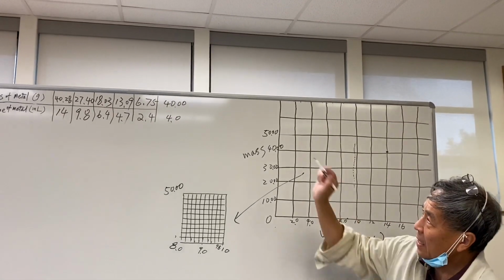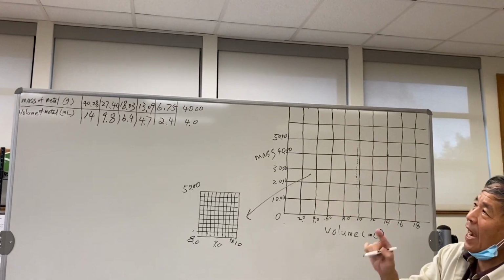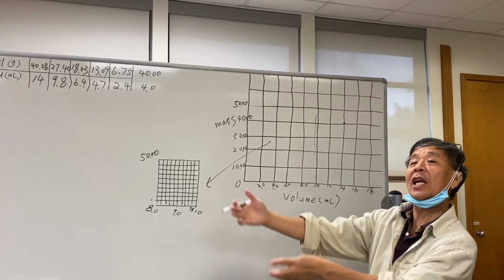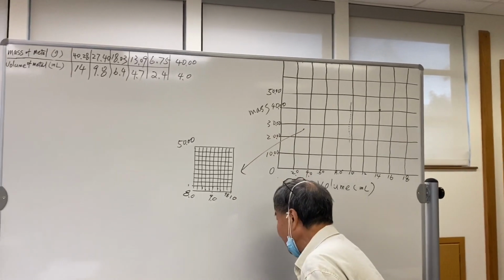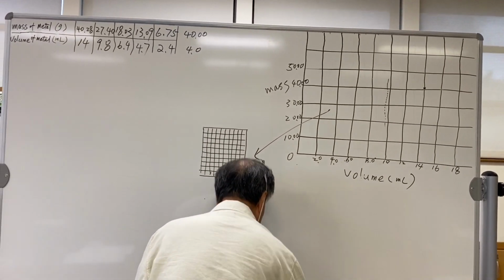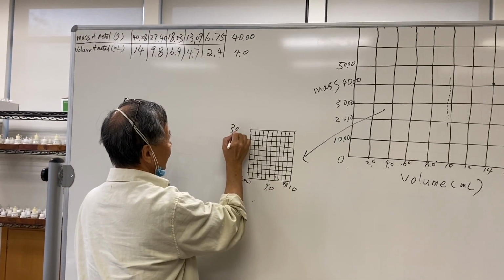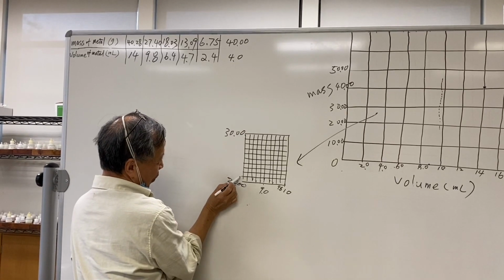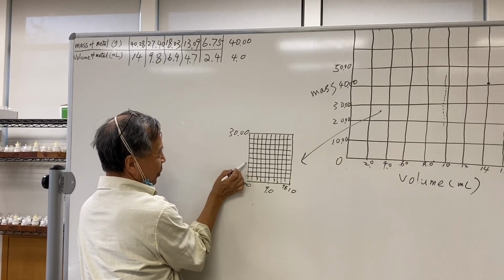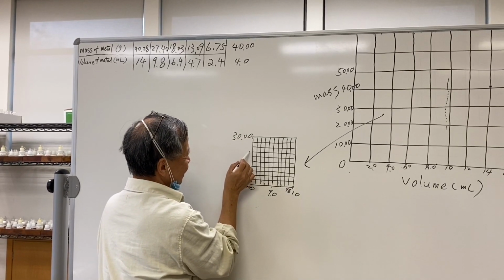And then next one, 27.4, pass 27, but below 28, all right? So now let's see where that is located. This is the 20.00, this is a 30.00. So 21, 22, 23, 24, 25, 26, 27.